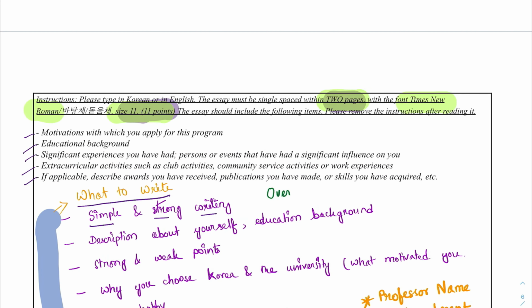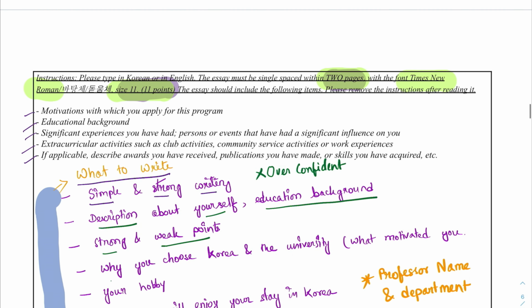One thing you have to keep in mind: you should not be overconfident, and you have to be very descriptive about yourself, your education background, your strong points and weak points, and why you chose Korea, this particular nation and the particular university.